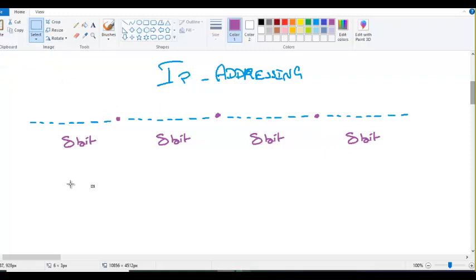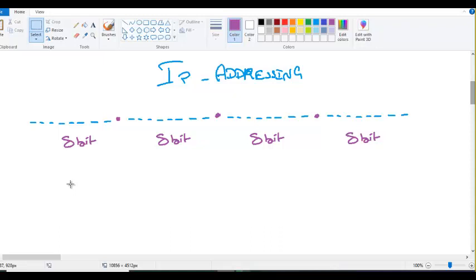What I'm coming to say here is, you got 32-bit only, but it is very difficult to handle a big number if you have 32-bit in one big group. Instead, we break it down into 4 small groups, and each group is called an octet because it has got 8-bit.